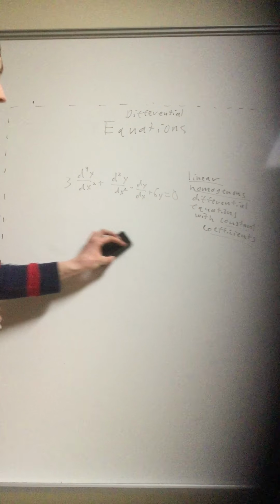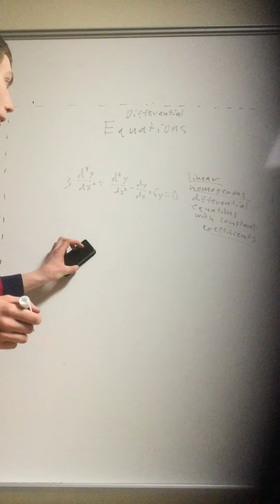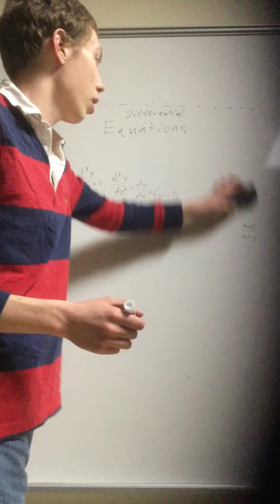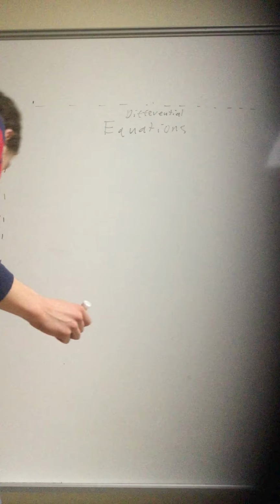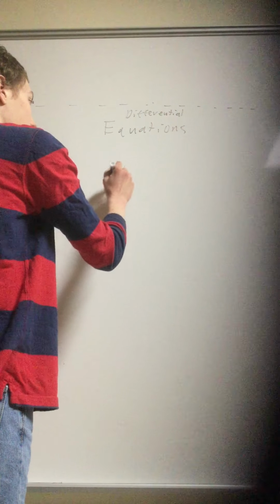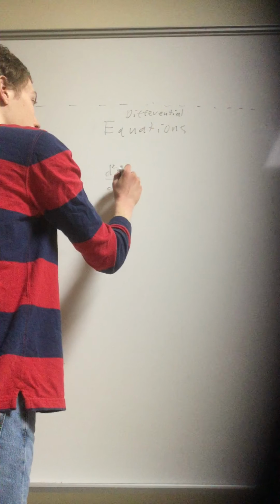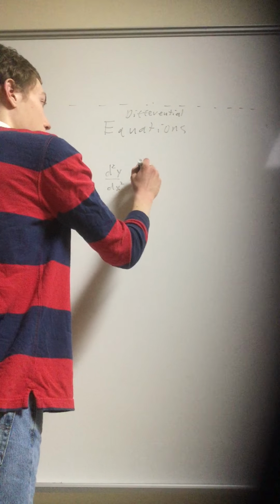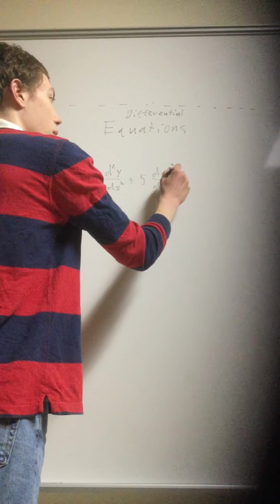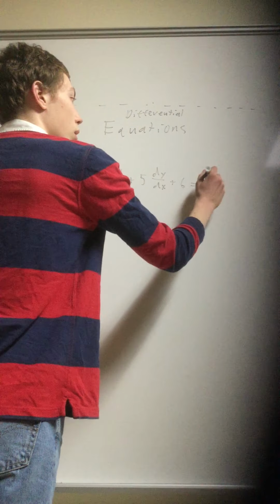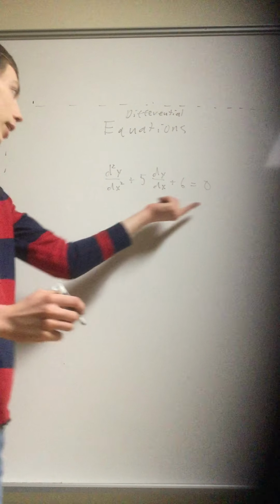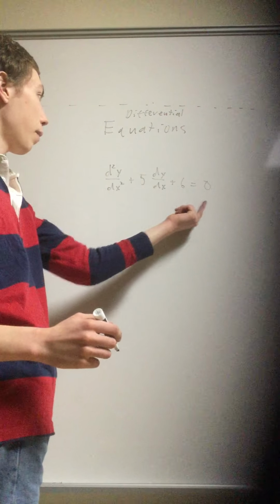So how do we solve these? Well, let's look at a nicer one to solve. So let's try the method we tried before. Let's guess a solution. In this case, you have a bunch of stuff.